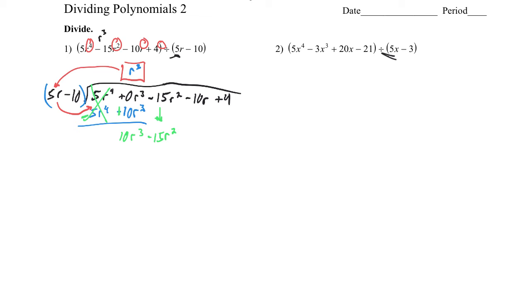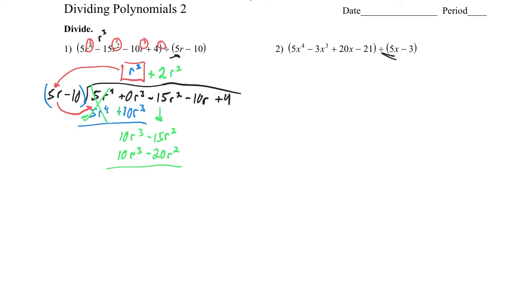What times 5r gives me 10r to the 3rd? So 2 times 5 is 10, right? And I want that to be a positive, to get a positive 10. And r to the 2nd is going to make my r become r to the 3rd. So 2r squared times 5r is 10r to the 3rd. 2r squared times negative 10 is negative 20r squared.